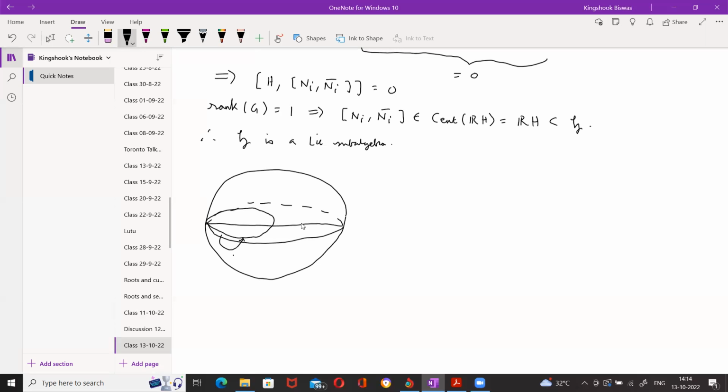This is the action of e to the s ni. And then the geodesic involution maps this horosphere to the opposite horosphere like this.